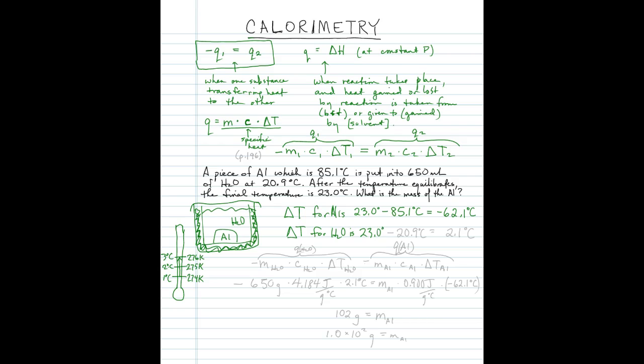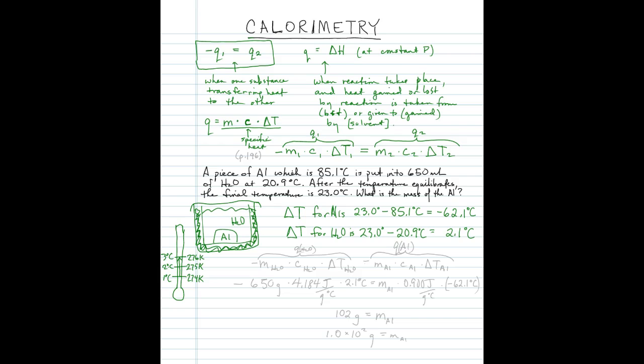So this whole side is Q for water, and this whole side is Q for aluminum, and since we put it in an insulating container, we can say that these things ought to equal each other, except of course the sign is different. One's endothermic, gaining energy. One is exothermic, losing energy.